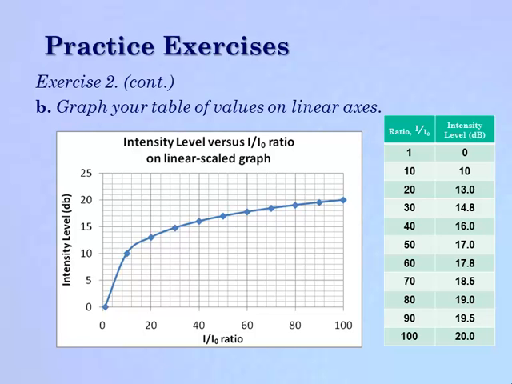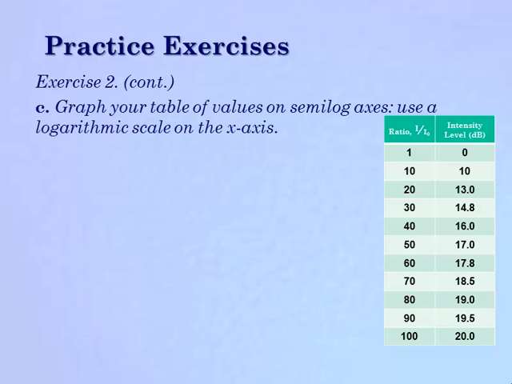Now let's graph those same values on a semilog axis using a logarithmic scale on the x-axis. The x-axis is, of course, the ratio of I to I0 values. And what scale should we use for that? Well, we need to start with 10 to the 0 power and get 1. And that'll be our smallest value.